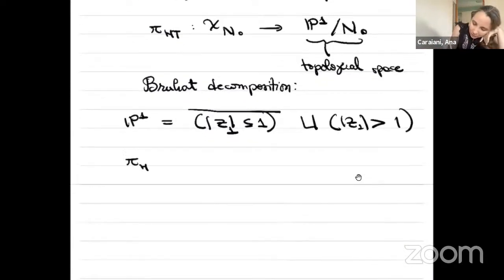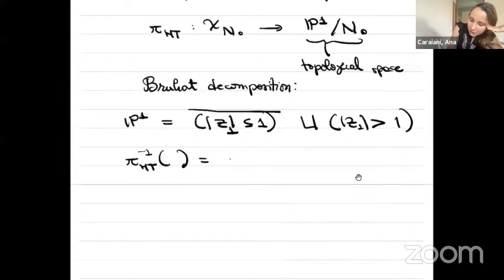And I can also take the preimage of this under pi Hodge-Tate. Because it's the Bruhat decomposition, which comes from this decomposition into orbits for the Borel, it turns out that the decomposition is stable under the action of N0, so it descends to this unipotent level N0.